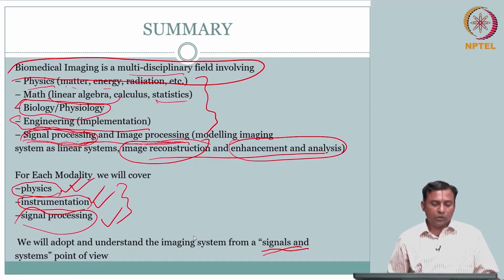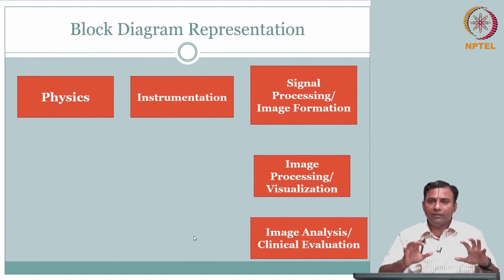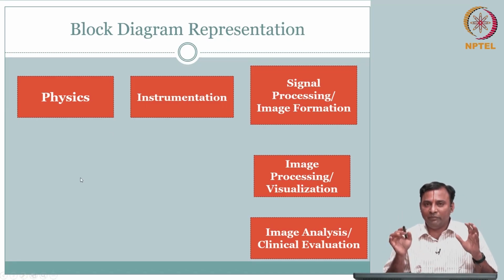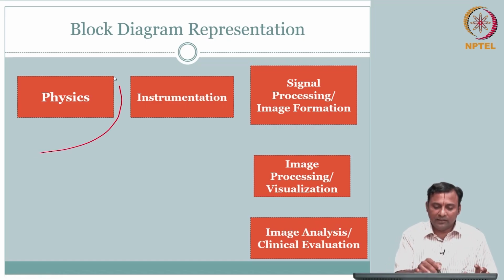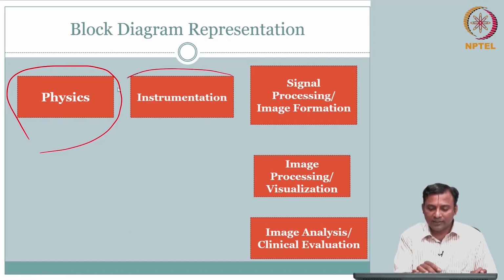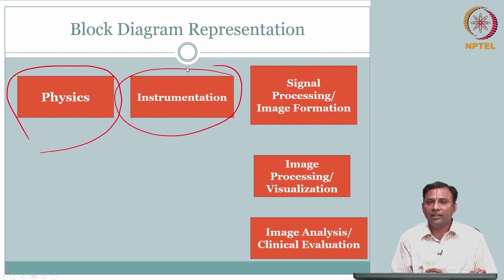Clear? So, last but not the least, just to give a block diagram view of the same text that we had. This is the way I have it organized in my perception. When we talk about imaging systems, everything is interlinked. You have to understand the physics, you have to understand the instrumentation within the context of the physics, and then you have to understand signal processing.